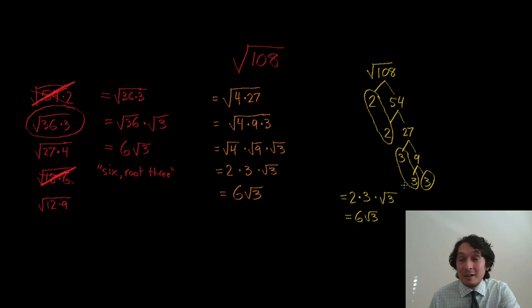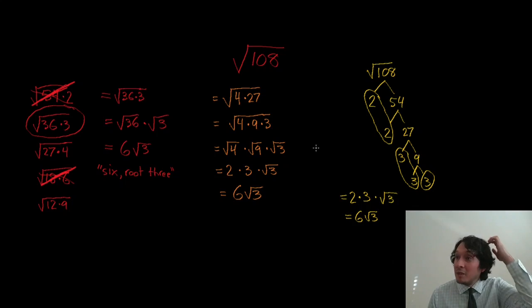That's 3 squared. And again, because the square root cancels the square, I only write 1 3 outside of that square root. And then this is just a 3. It doesn't have another 3 to match up with, so it's not 3 squared. There's no square to cancel with the square root. That's why it's still stuck inside the square root.